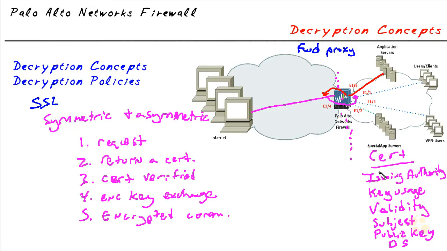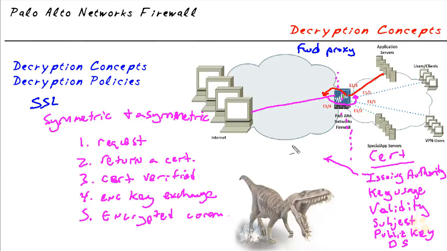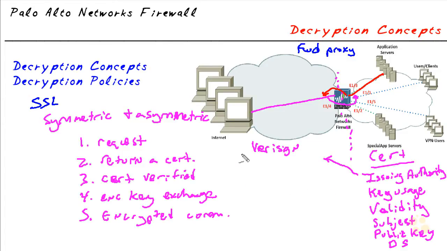So an authority, looking at this, all has to do with trust. In the beginning, back in the old days, like dinosaurs and stuff, we had one primary authority, VeriSign. Now, that's of course split off, and there are hundreds of different authorities nowadays.